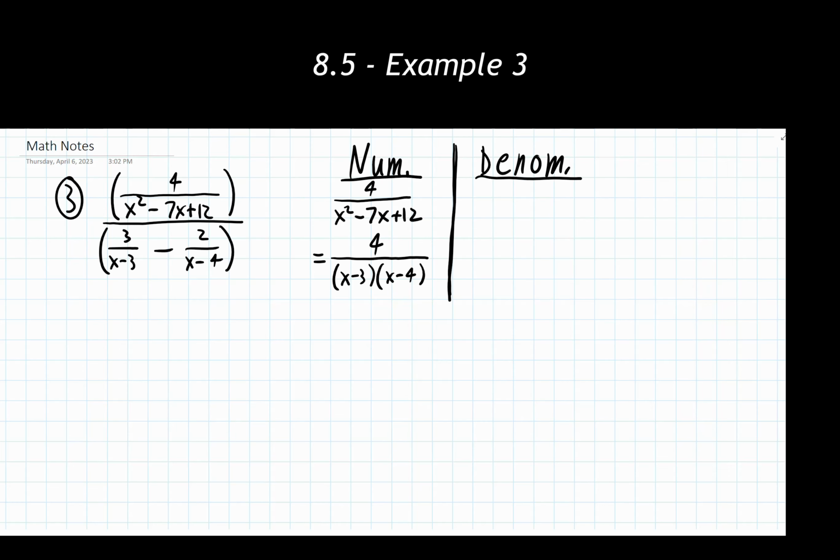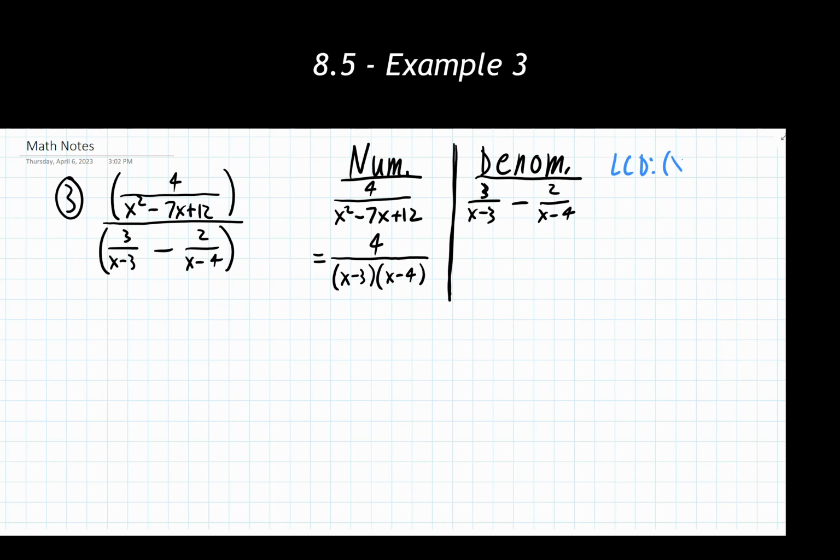Nothing wrong with it, but again, nothing guaranteed is going to come out of it in this part of our overall process. Our denominator, however, we do need to do some stuff with that. We have two of these rational expressions that are subtracting from one another. So let's write those out exactly as they were given to us. And if I am going to subtract these rational expressions, then I need to make sure that I have a lowest common denominator between them.